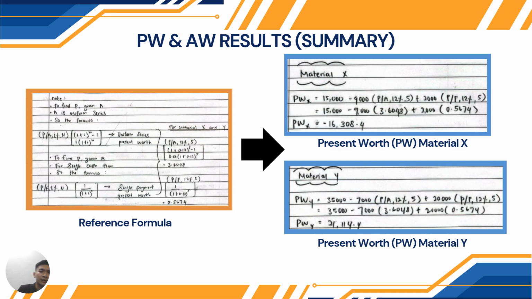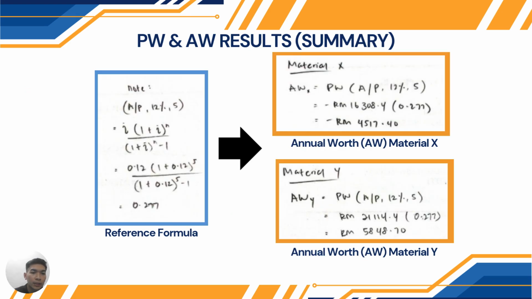So this is the calculation to get the value of present worth for material X and material Y. The left side is the reference formula from the lecture notes. The value of present worth for material X is negative 60,308.4, and the present worth for material Y is 31,114.4.